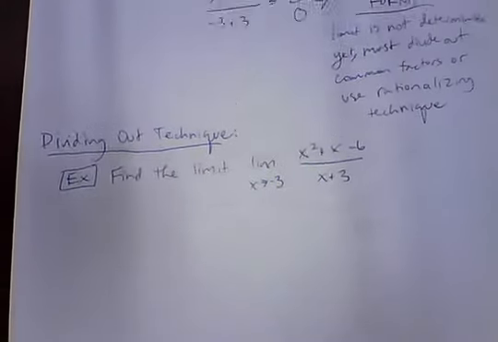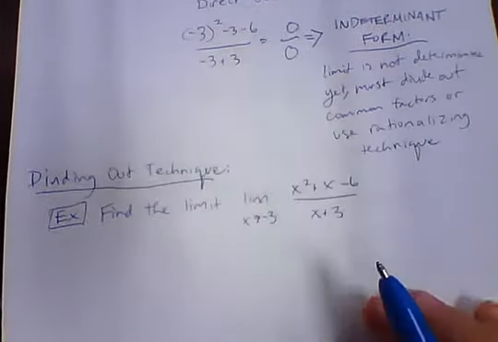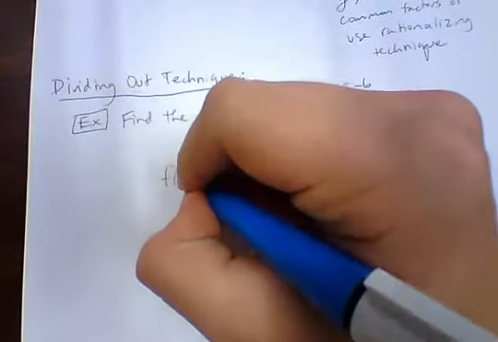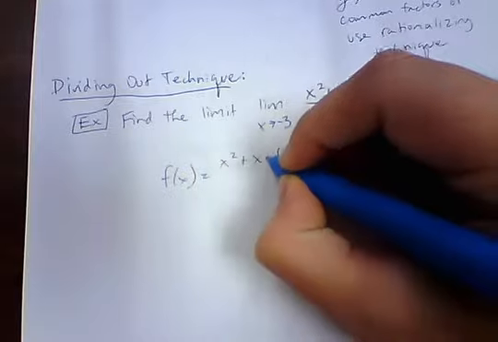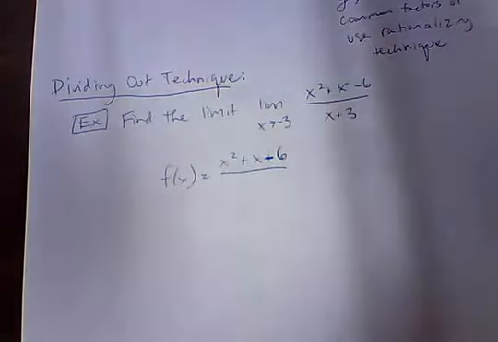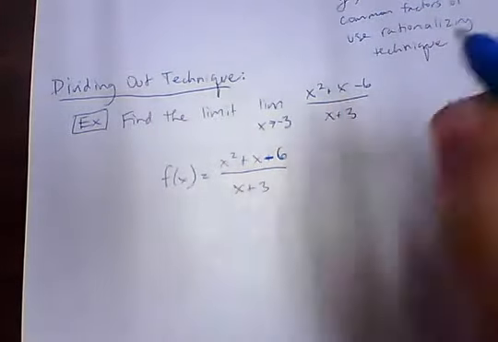Okay, but now, given we already know there's going to be indeterminate form from our direct substitution, what we can do is simplify this. F of x is x squared plus x minus 6 all over x plus 3.